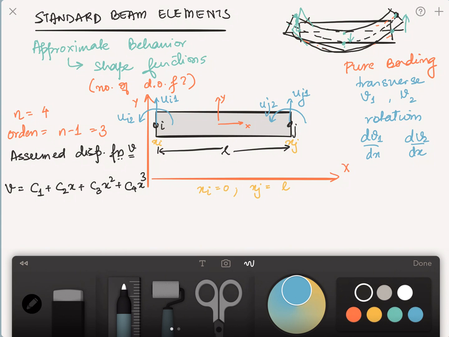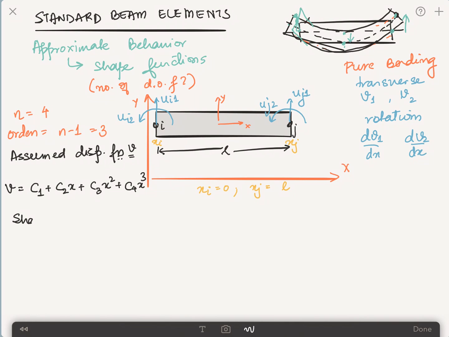Okay, so let's start with the shape function. I'm going to write here shape function derivation. So the first step, of course, would be applying all the boundary conditions in the problem.